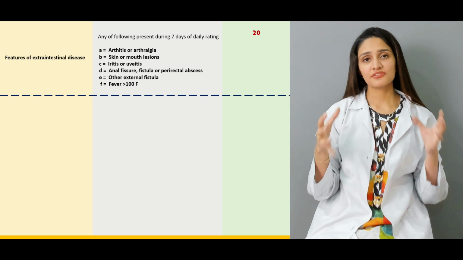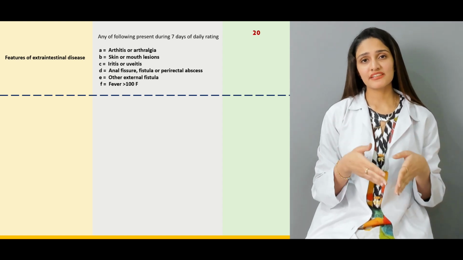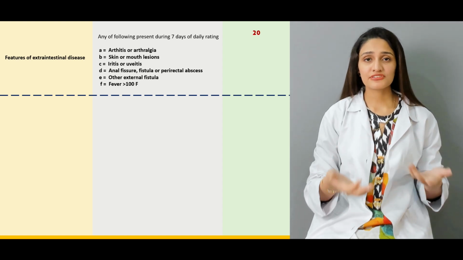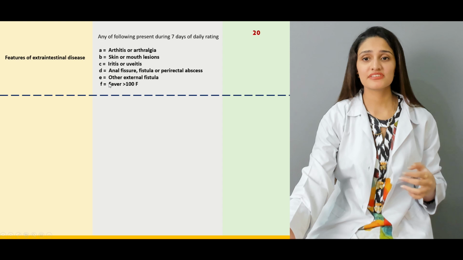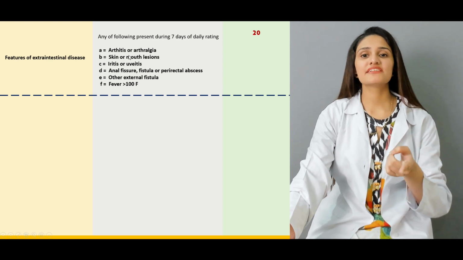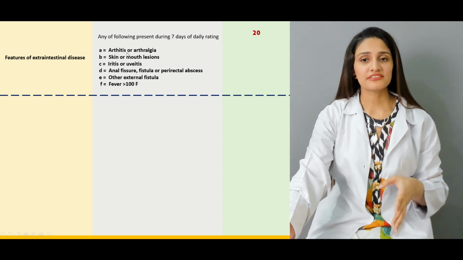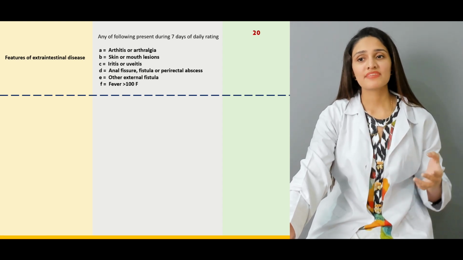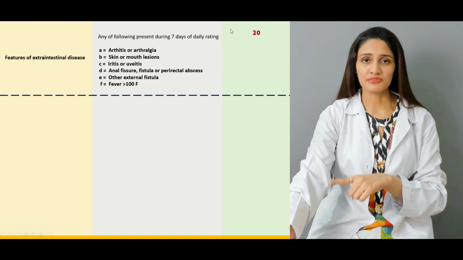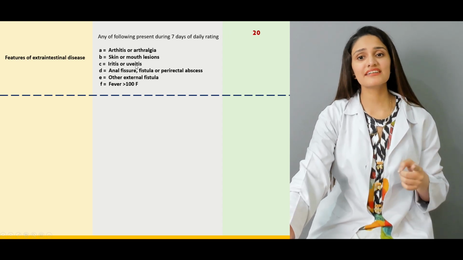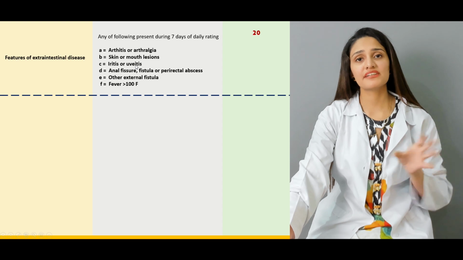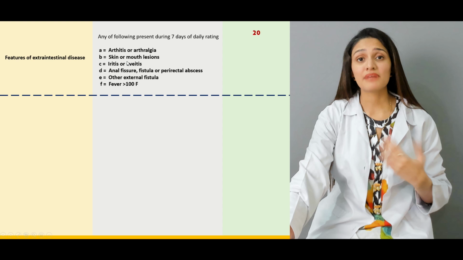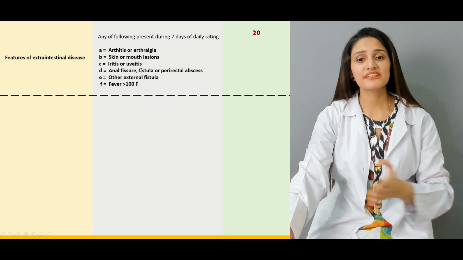During the 7 days course, we would see if he or she is presenting with any of these, such as arthritis or arthralgia, any type of bone pain or muscle pain, which we will multiply by 20. And secondly, if we ask him during the 7 days course whether he has presented with any skin or mouth lesions, we'll multiply it by 20.